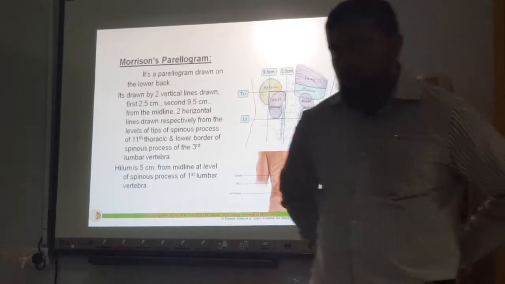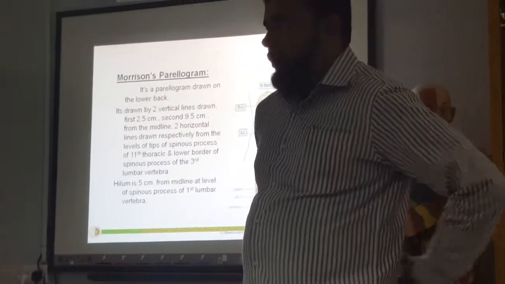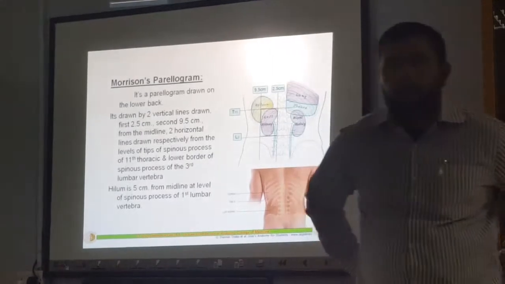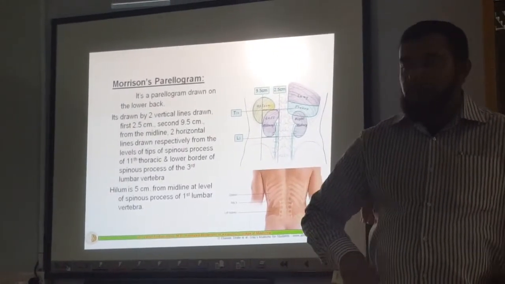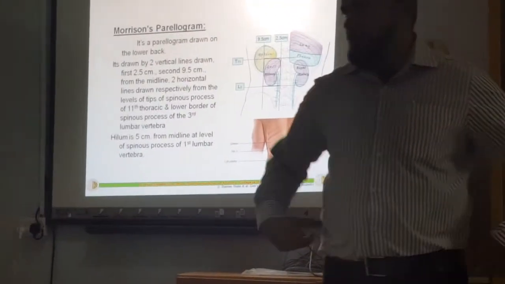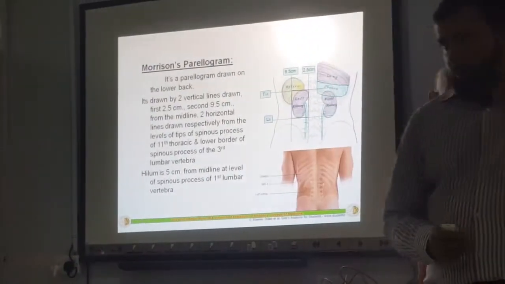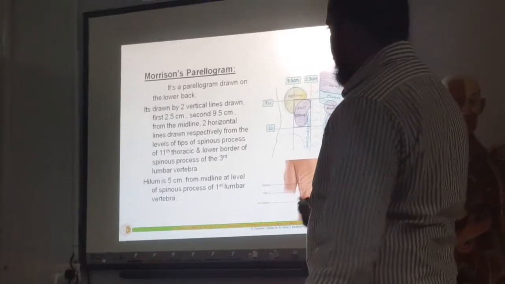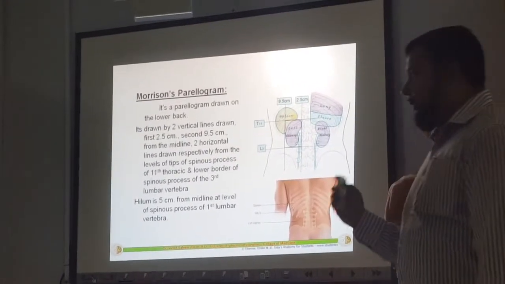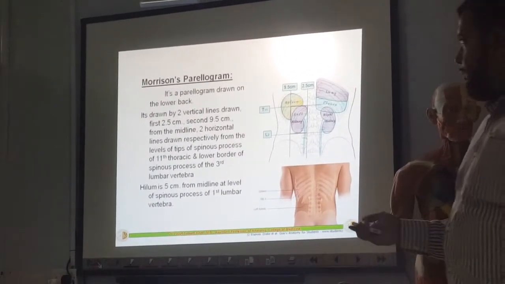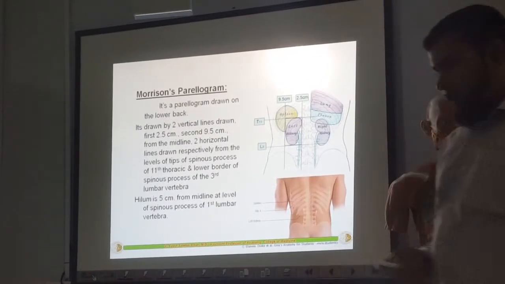It starts from the Morrison's parallelogram area, which is called the loin area, and it radiates like this and goes into the groin. So this is the typical pain of the kidney or the ureters. This is also important because of this. But this is mainly important because of the surgery. If you want to do surgeries, this is the Morrison's parallelogram.